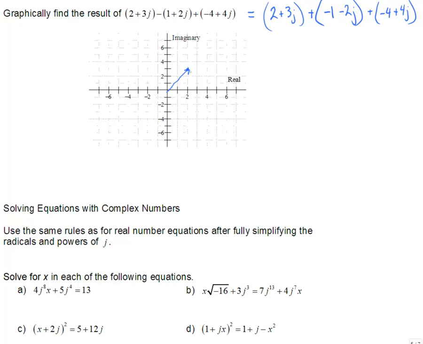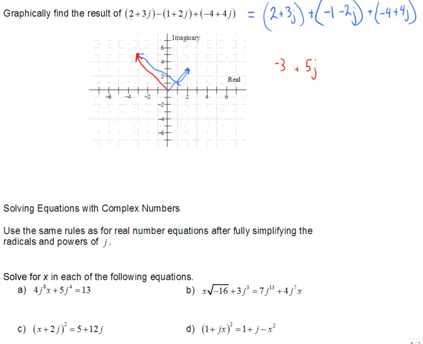And then from here, we're going to go back 1 and down 2, which brings us down here. So we go back 4, 1, 2, 3, 4, and up 4 brings us here. And so the resultant vector, which this time will be in red, is actually this, which is -3 plus 5j.